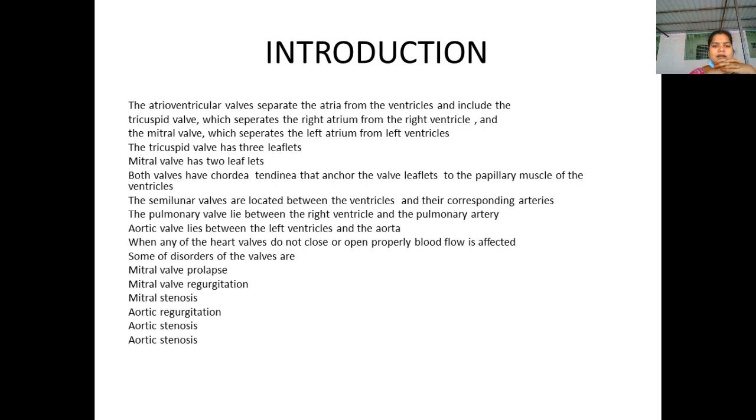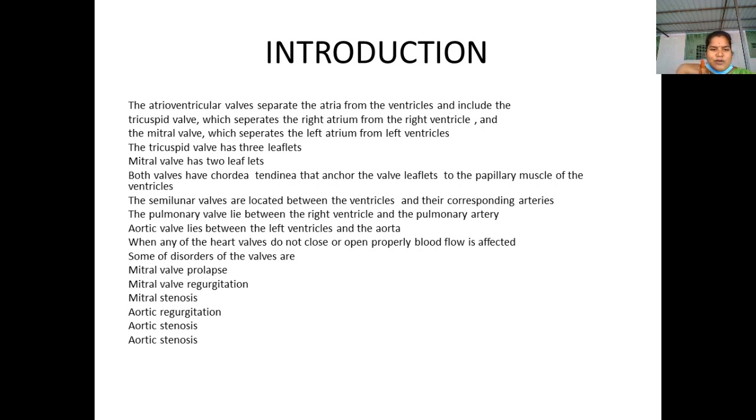Remember, the atrioventricular valves separate the atria and ventricles. These are two valves: the tricuspid valve and the mitral valve. Obviously the tricuspid is on the right side and the mitral is on the left side.